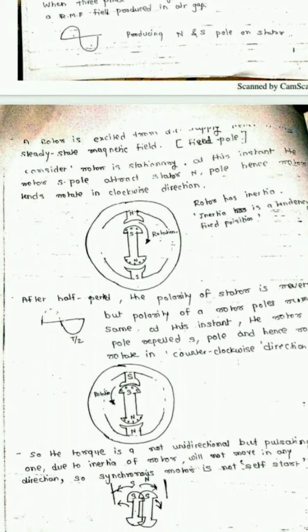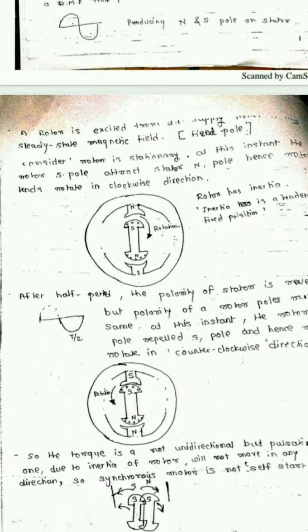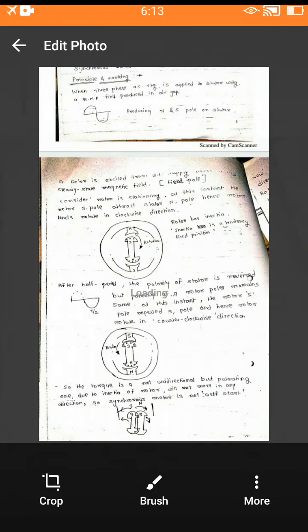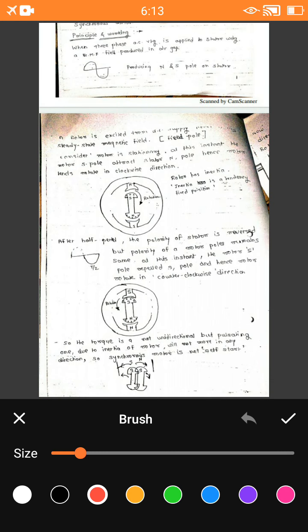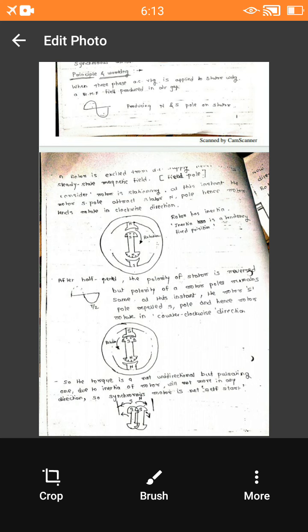At the first instant there is an N pole here, but after the negative cycle the stator has an S pole. Due to the change in polarity of the stator pole, at this instant the rotor S pole repels, hence the motor rotates in the opposite direction.